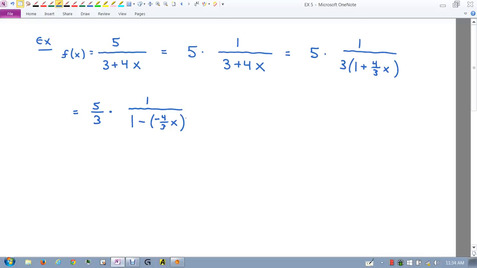See how I'm just playing this game of trying to make it look like 1 over 1 minus something? And so here's my junk. That was like what the x was in the geometric series, right? So according to the formula, this should be equal to a constant, 5/3 I'm going to pull out in front, times, let's rewrite that as the series, sum n equals 0 to infinity, and then what?